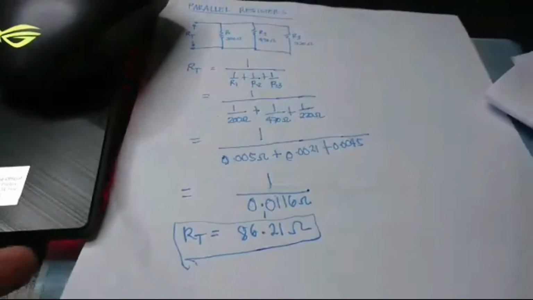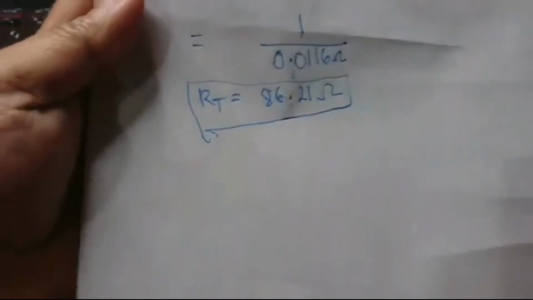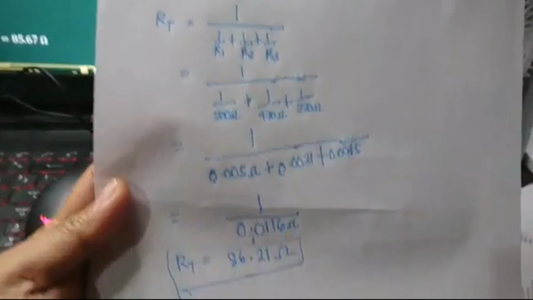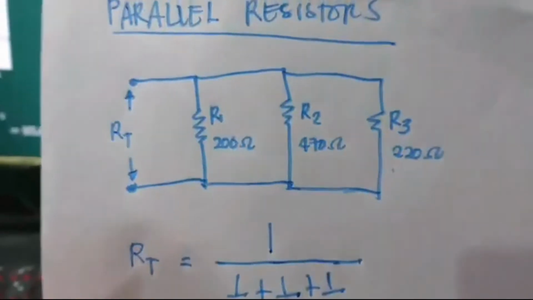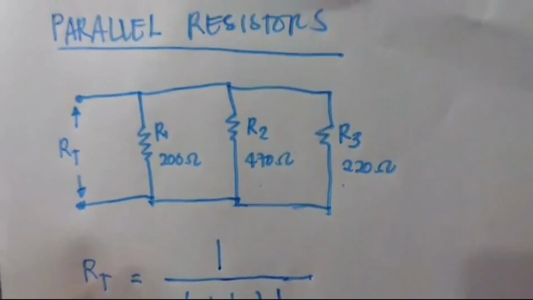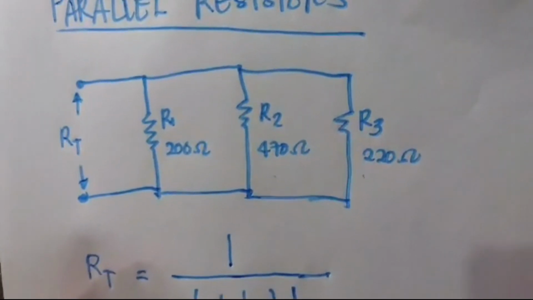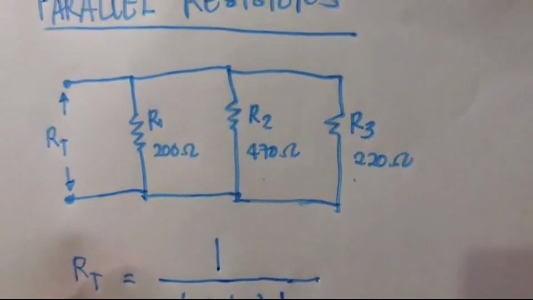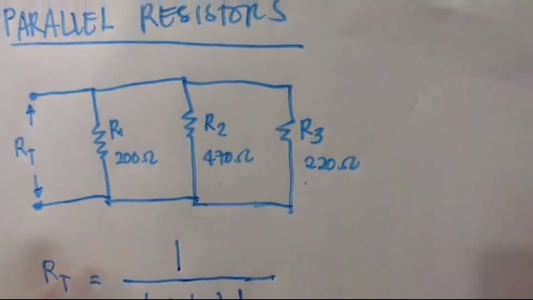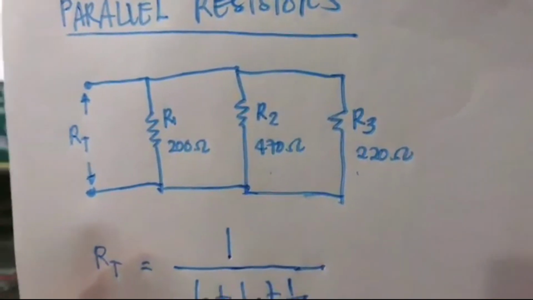Now here's the deal. How can we say that our computation is correct? So if you can see, our answer is 86.21. You compare the total resistance with the rest of the resistors in parallel. Okay, so first we have R1 200, R2 470, and R3 is 220.